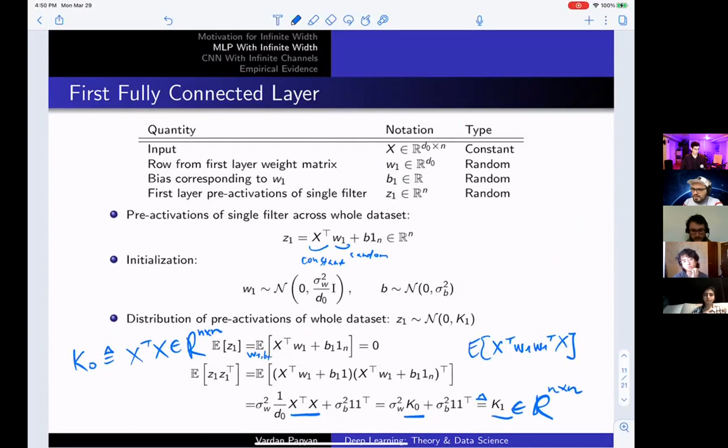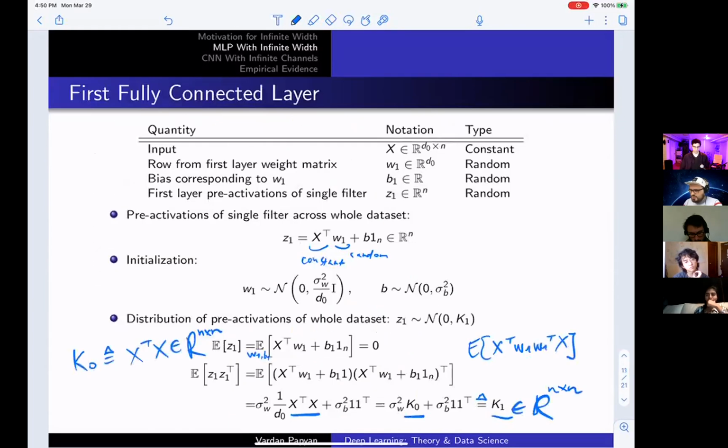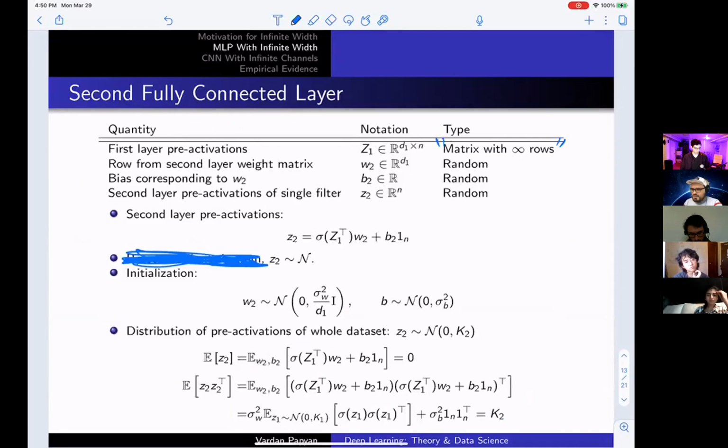But now, instead of a constant, we have some Z1, which is somewhat of a random matrix. Z1 is actually a random matrix. Its entries are random, so it becomes a bit strange. Z1 is an infinite matrix with random entries, so it's not constant. Does that make sense, Justin?